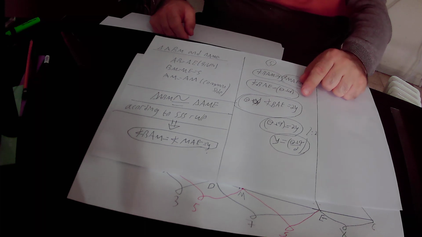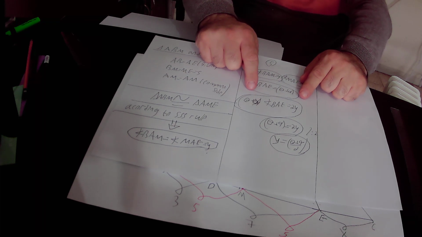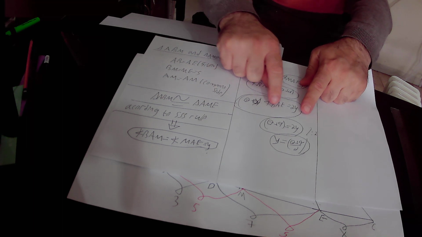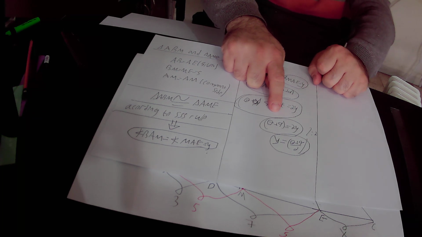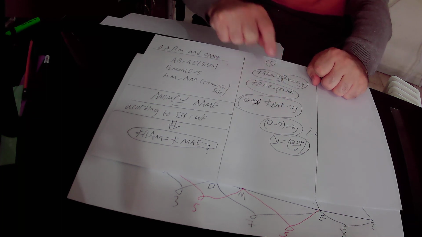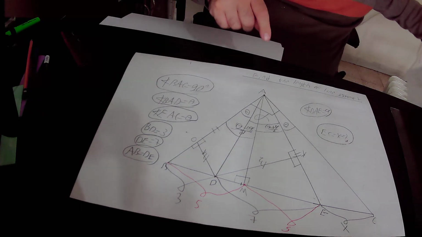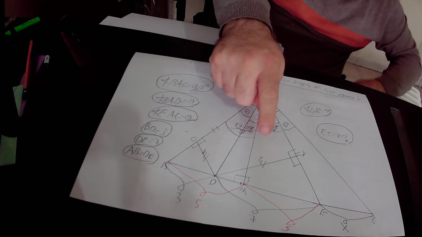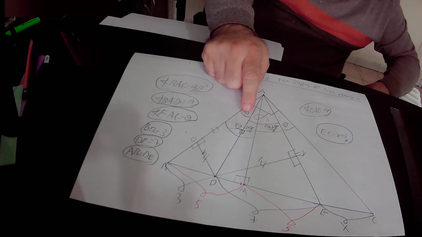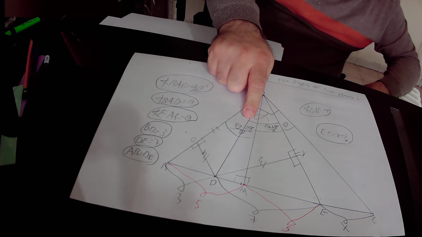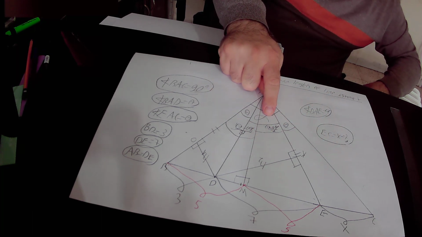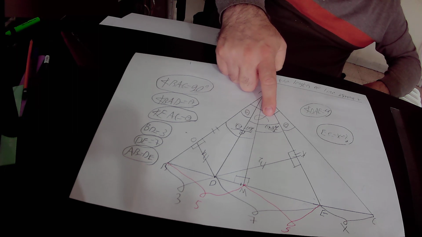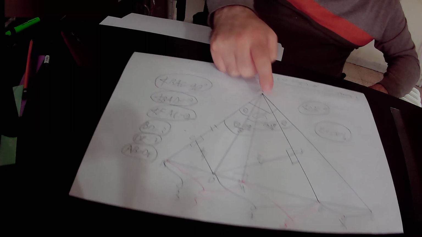So from this equation we conclude that theta plus alpha equals 2y. We divided this equation by 2 and we got that the value of angle y is theta plus alpha over 2. So this angle BAM, defined as y, will be equal to theta plus alpha over 2. Angle MAE is also defined as y, so this angle MAE will also be equal to theta plus alpha over 2.